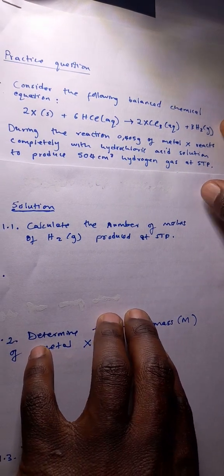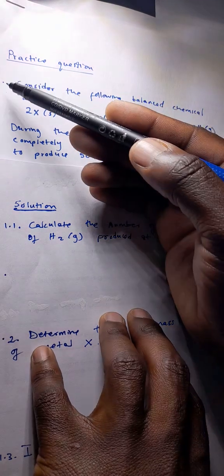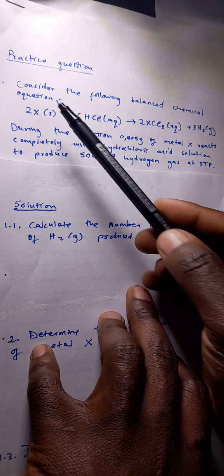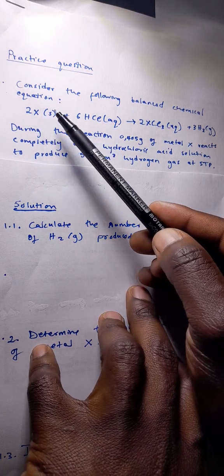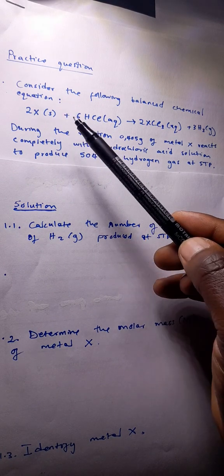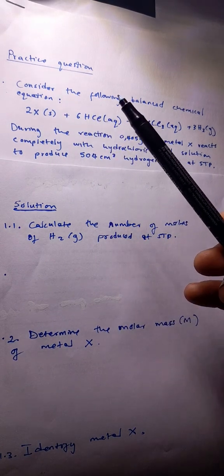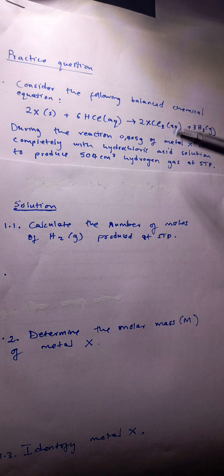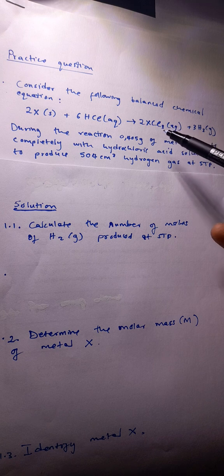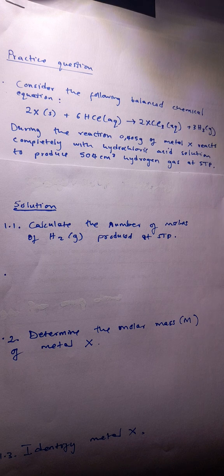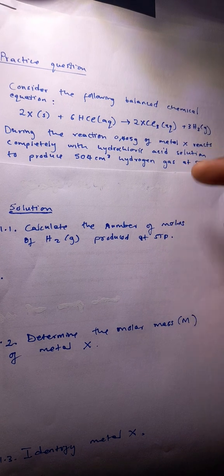Practice question number 1: consider the following balanced chemical equation. 2 moles of X, which is a solid, react with 6 moles of hydrochloric acid, which is aqueous, to give 2 moles of the product XCl3, which is also aqueous, plus 3 moles of hydrogen gas.